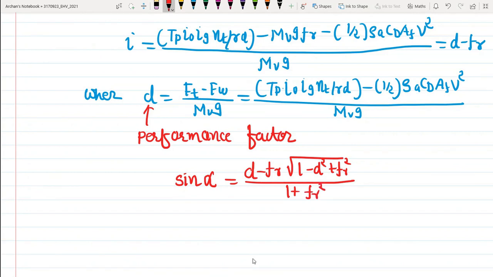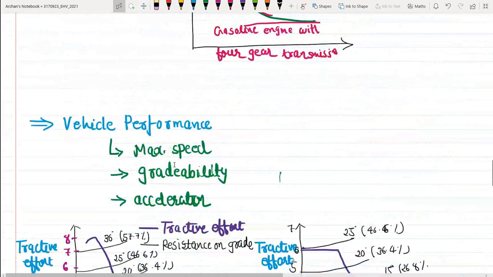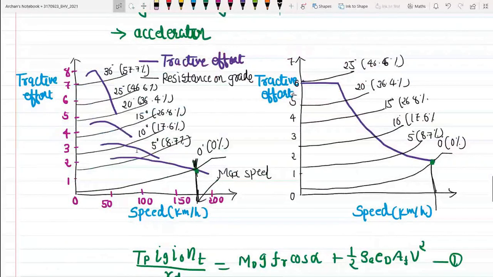The gradability of the vehicle can also be obtained from the diagram in the previous figure which we have seen, in which the tractive effort and resistance are plotted. From this diagram also we will be able to find out the gradability, at angles like 5, 10, 15, 20, 25, 30 and so on. So this was one of the performance parameters, that is gradability.